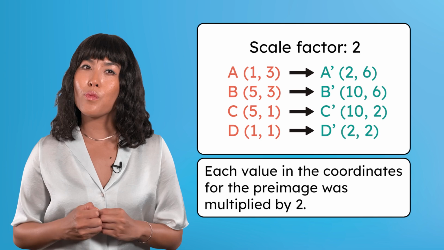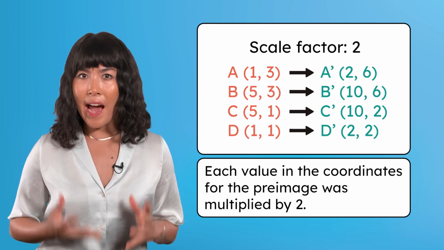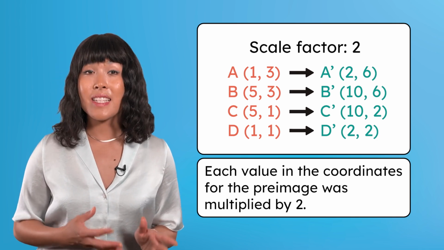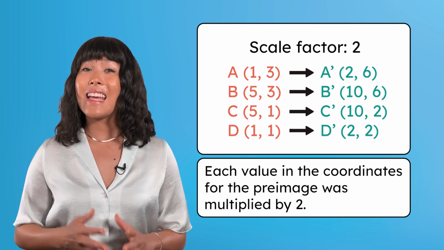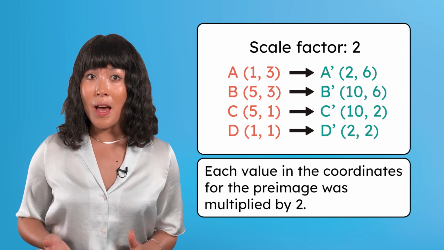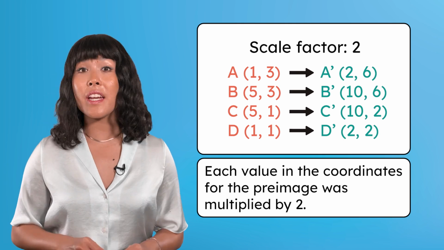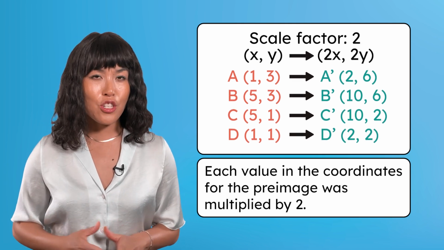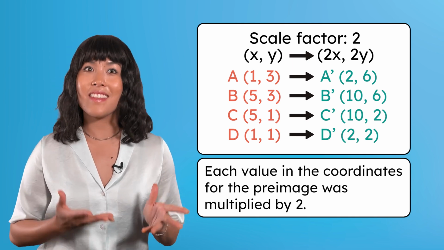So I guess when we scale a figure on the coordinate plane, we don't actually have to measure the distance from 0, 0 to each point. Instead, we can multiply each x and y coordinate by the scale factor. We can even summarize this by writing a rule using coordinate notation like this that shows how each coordinate changed after we applied the scale factor.